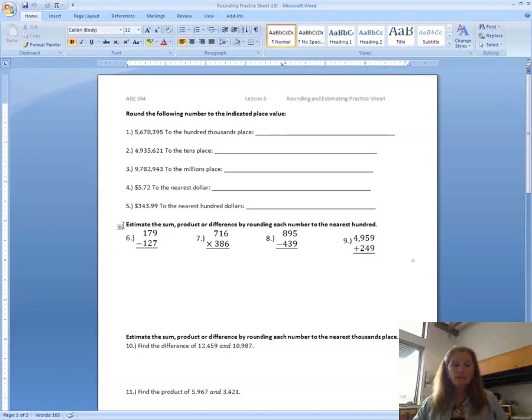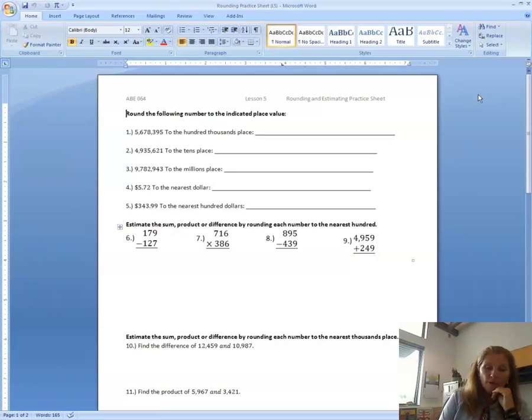When I'm asking you to estimate, I'm just saying do the rounding first, and then after you round, do the problem. So for this one, if I'm rounding to the nearest 100, what's $179 to the nearest 100? Well, it's rounding up. You're going to get 200.